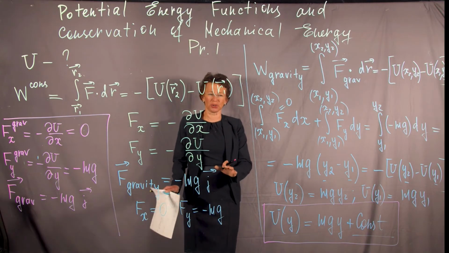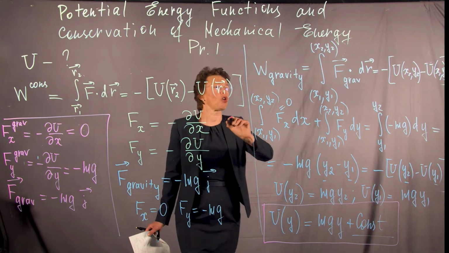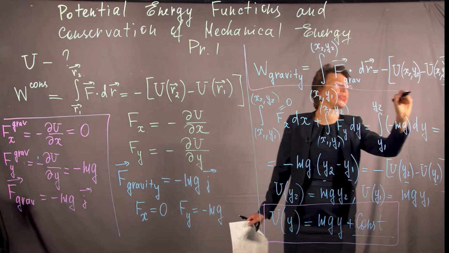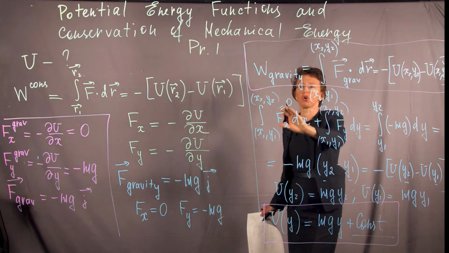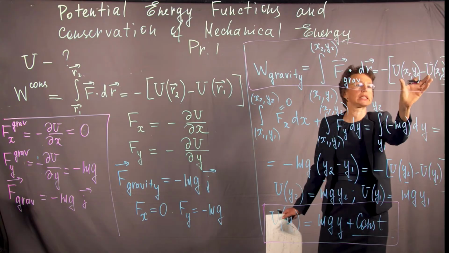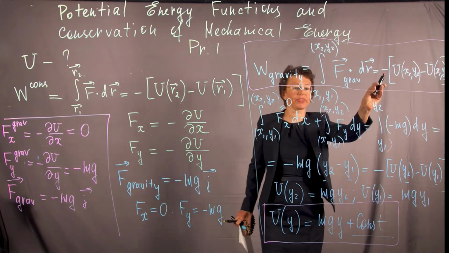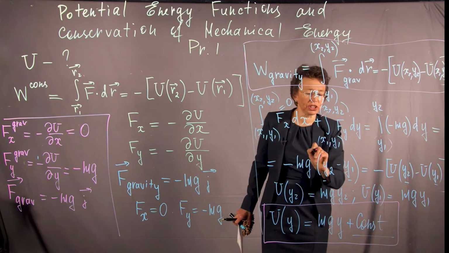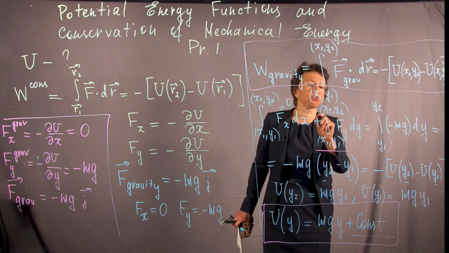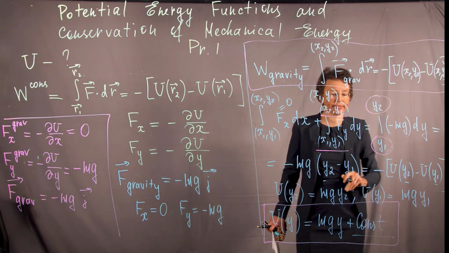But before I show you second, let me repeat the steps for the first way we did it. We wrote the definition. So this is the definition of conservative force. Work done by conservative force is minus change in potential energy function. After that, we calculated work done by gravity when we moved object from one arbitrary point to another arbitrary point. This is arbitrary. This is important.